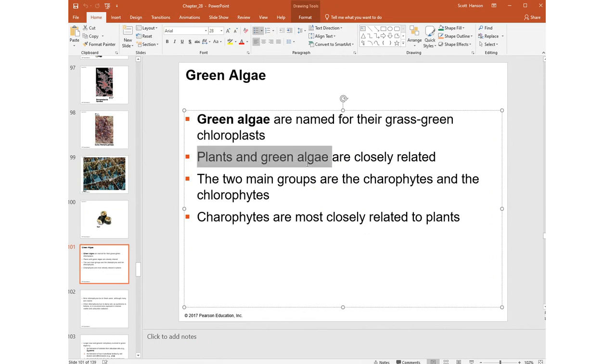And plants and green algae have very, very similar chlorophylls, and they're closely related for that reason and other things. Two main groups in the green algae are the charophytes and the chlorophytes. And the charophytes happen to be the group that's most closely related to plants.